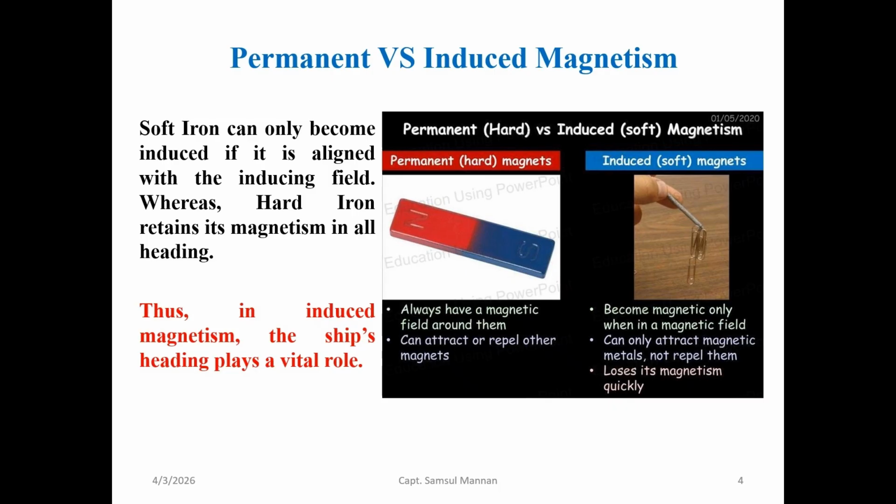Thus in induced magnetism, the ship's heading plays a vital role, and due to different headings of the ship, the induced magnet will have different poles. We will discuss this matter later on in another lecture. I'm just giving you a heads up.